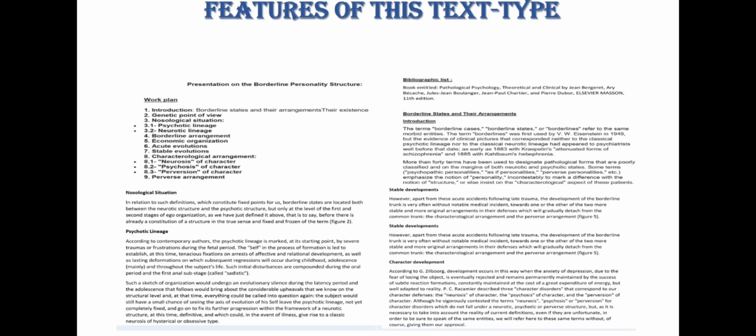First, we had the presentation on the borderline personality structure, which contains a work plan, nosological situation, psychotic lineage, bibliographic lists, borderline states and their arrangements, stable developments, and character development.